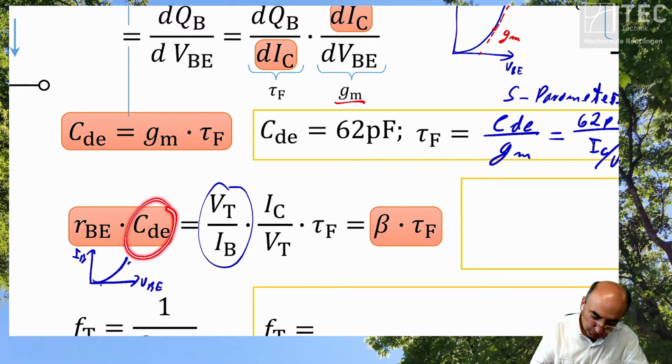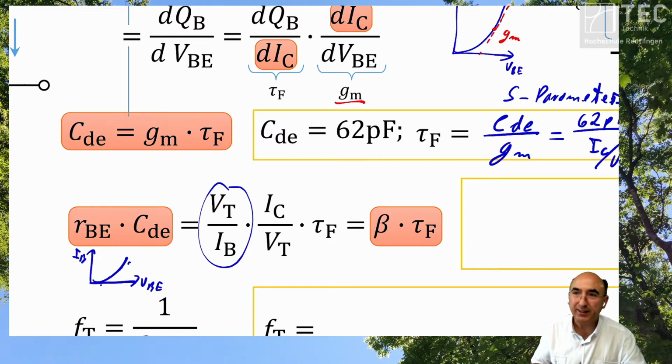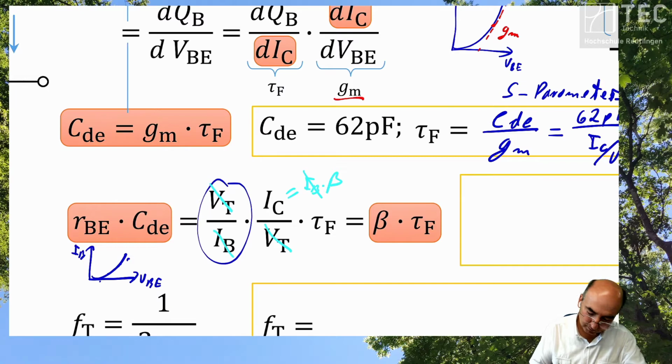For CDE, we have it already. It is here. And now we have a fantastic coincidence. VT is gone. IC is IB times beta. IB is gone.